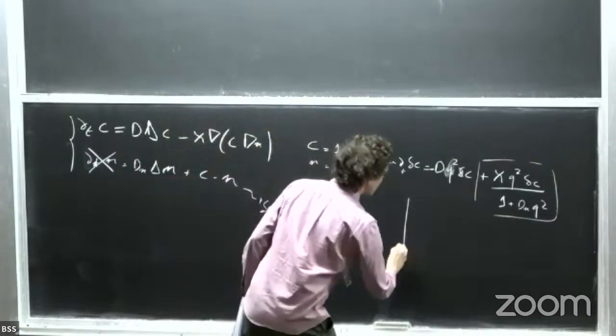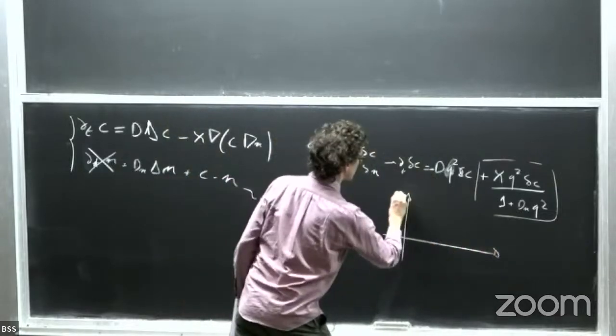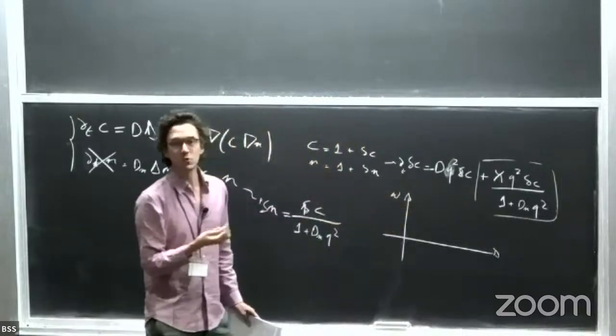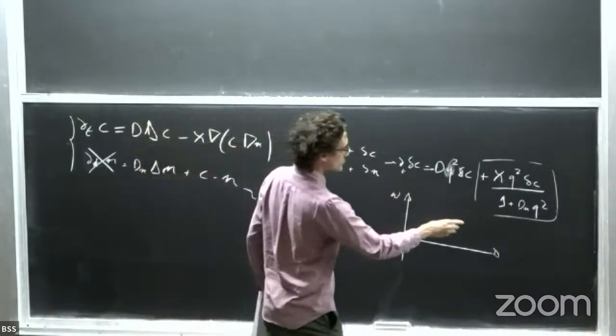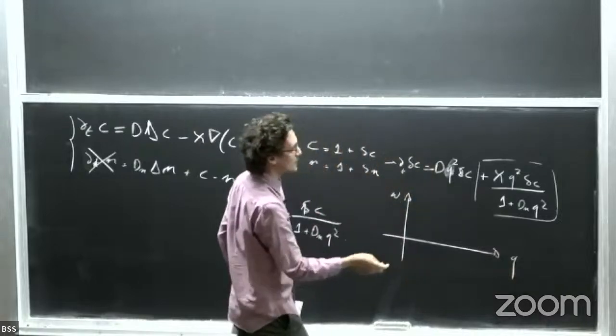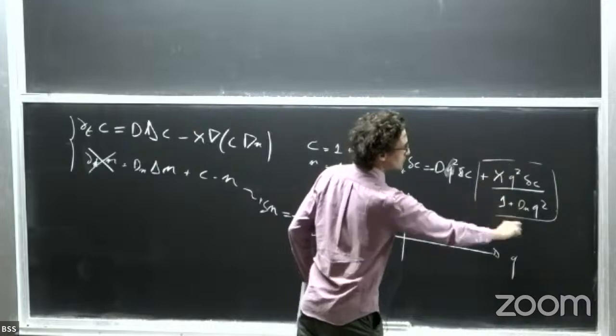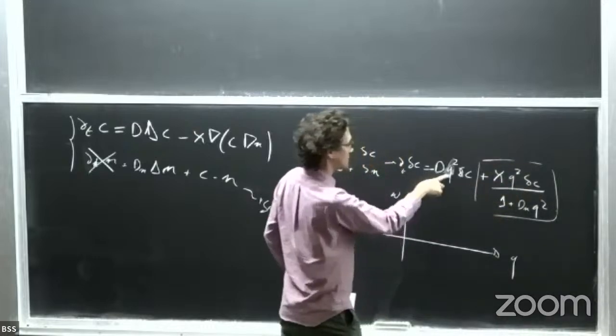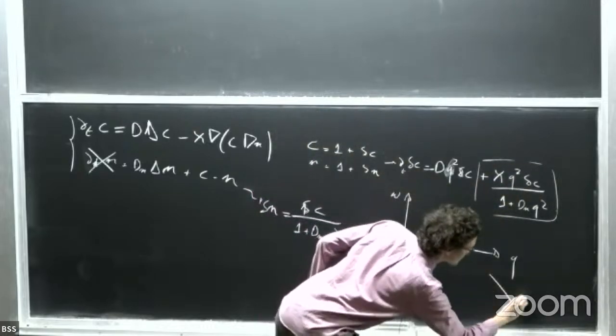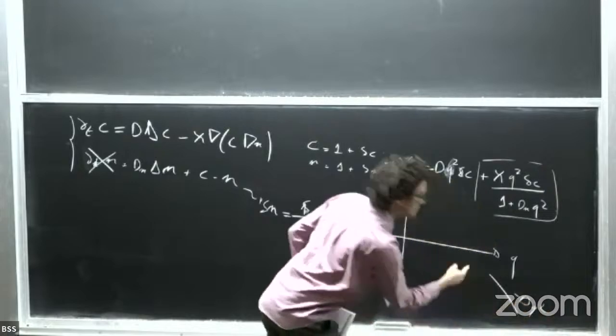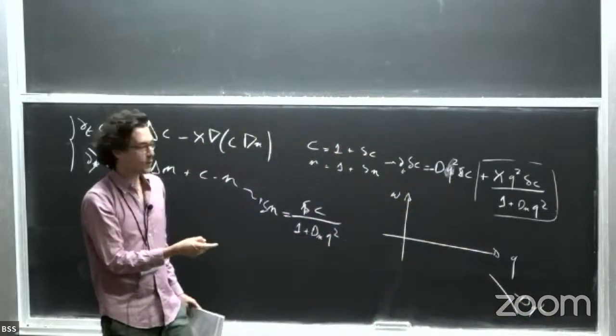So you can look at this dispersion relation and ask, do my perturbations grow or shrink? If you look at high q, this term is going to disappear, because this is of degree 0 whereas this is of degree minus q. So it's always stable at large q. There's no problem.